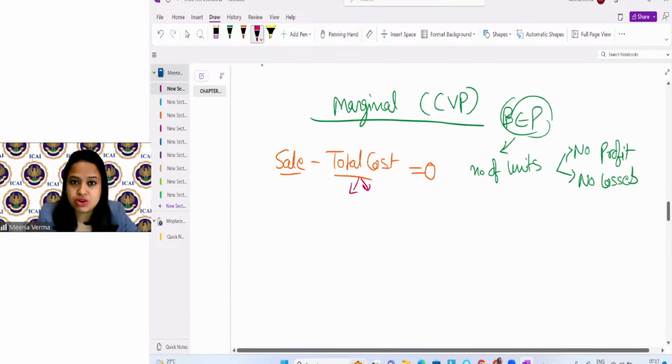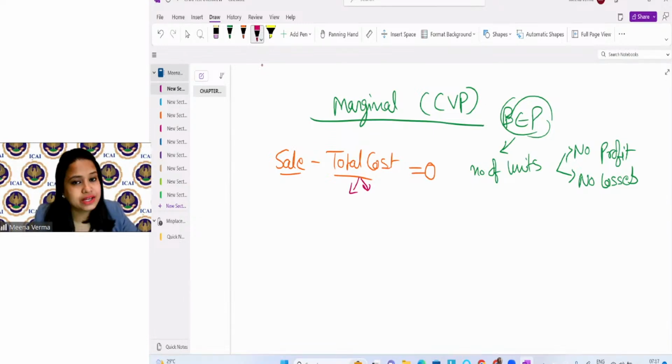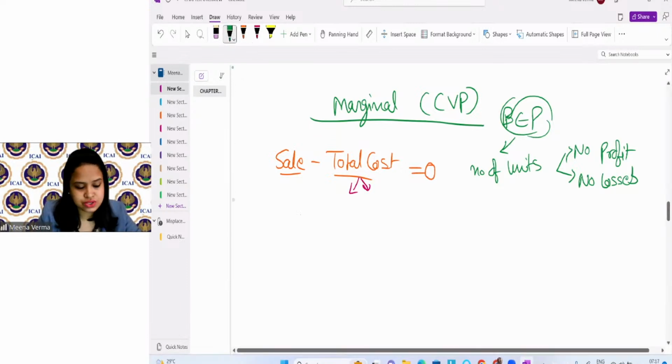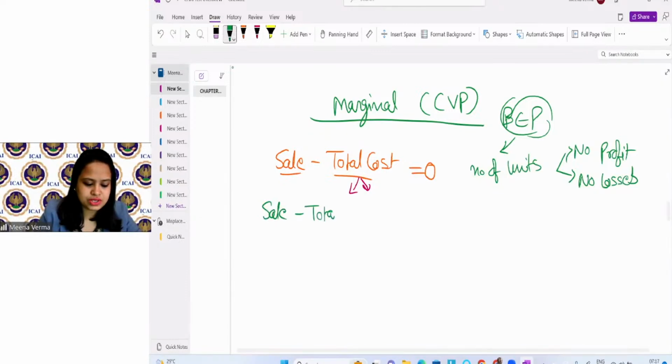Since it is marginal costing, we will classify our entire cost as either variable cost or fixed cost. So total sale minus total variable cost minus total fixed cost is equal to 0.